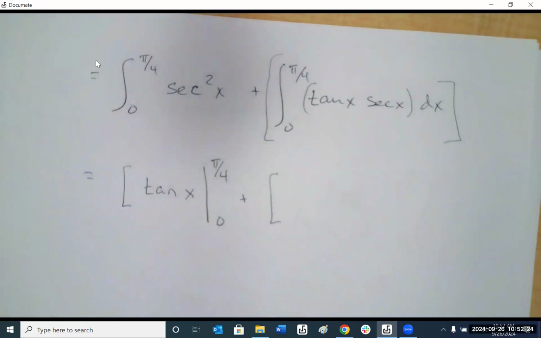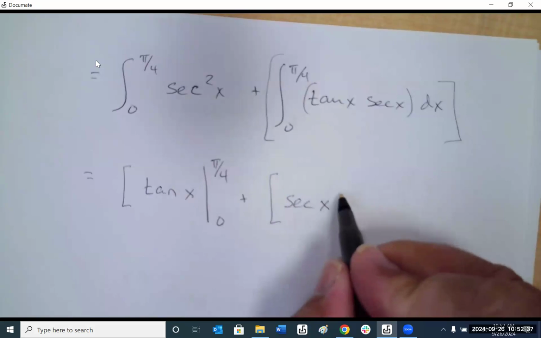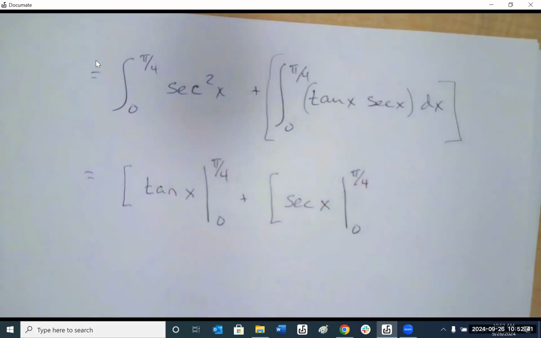What's the integral of tangent secant? What's that? Secant. It's number 10. Again, I need you guys to do this. If you have the packet for chapter 8, it's behind the first page.